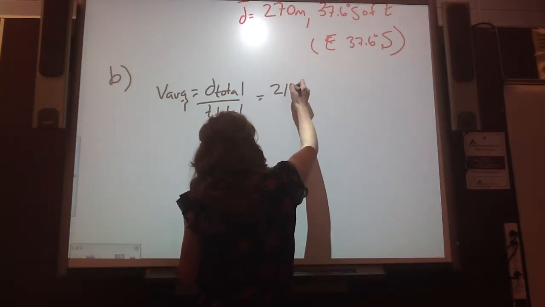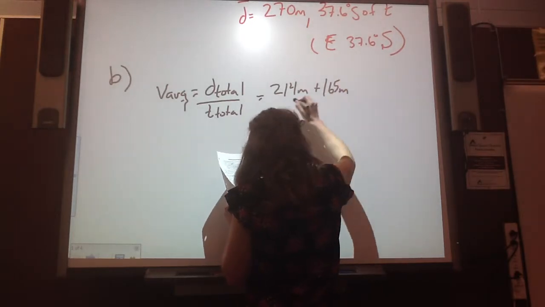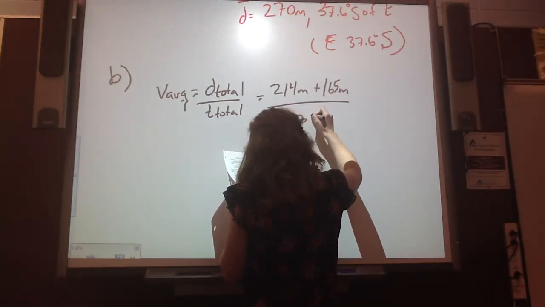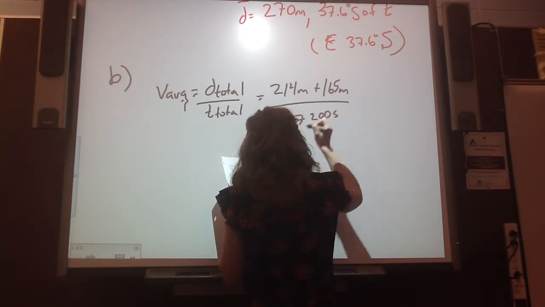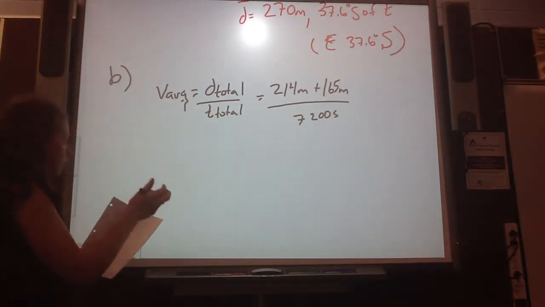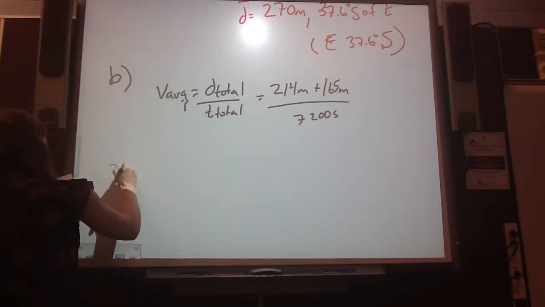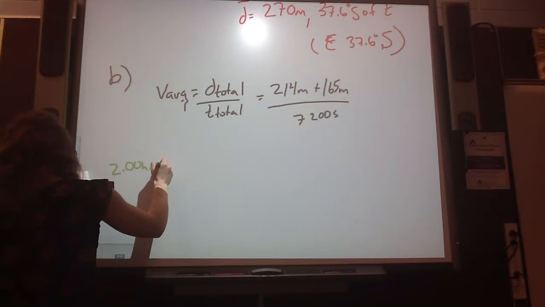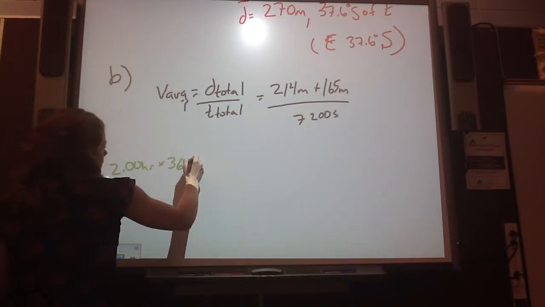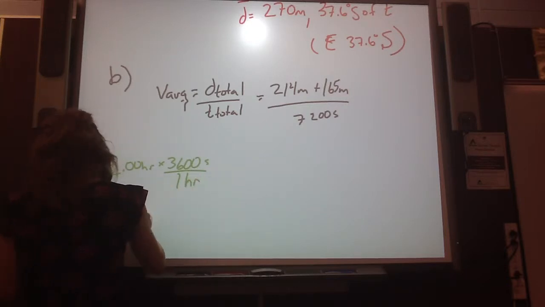So this is 214 meters plus 165 meters divided by 7,200 seconds, because I put my hours into seconds. So 2 hours times how many seconds are in 1 hour gives me 7,200 seconds.